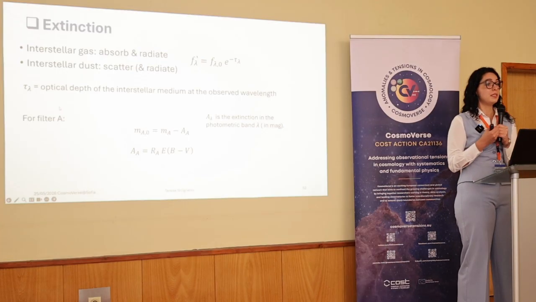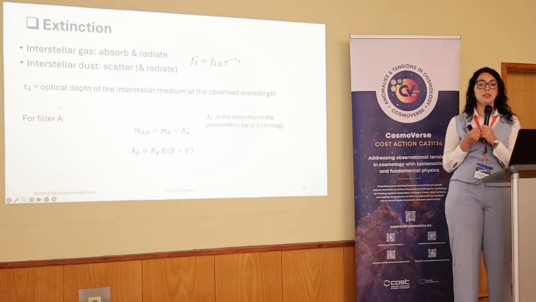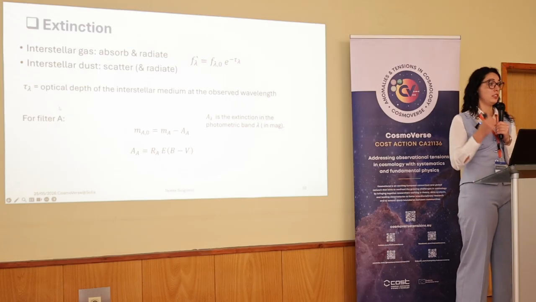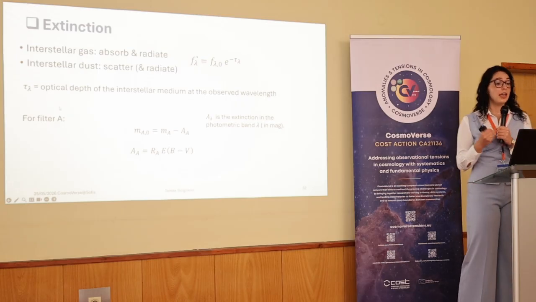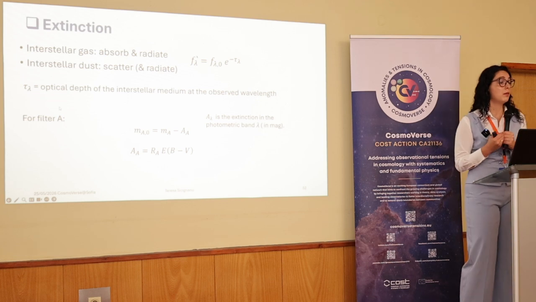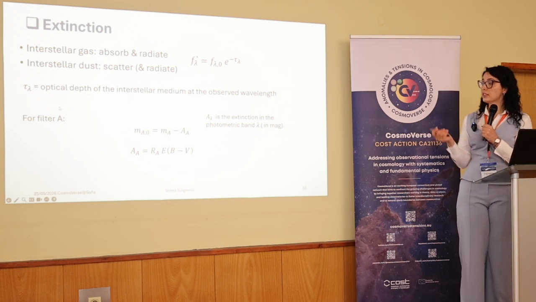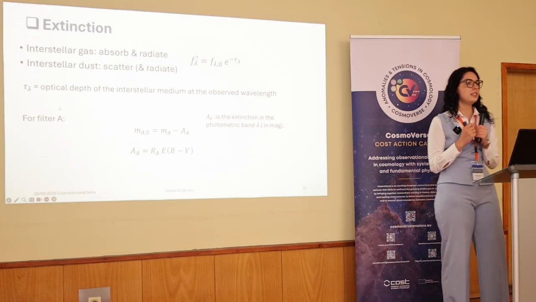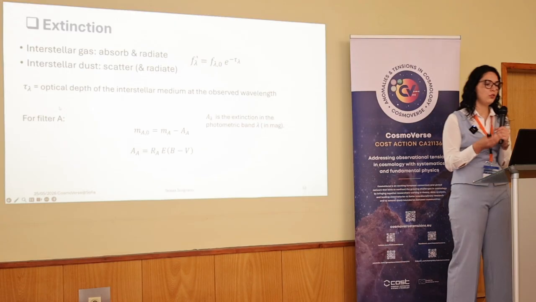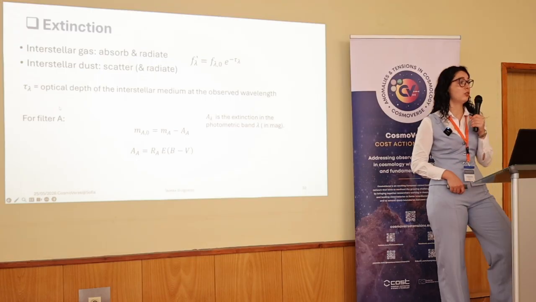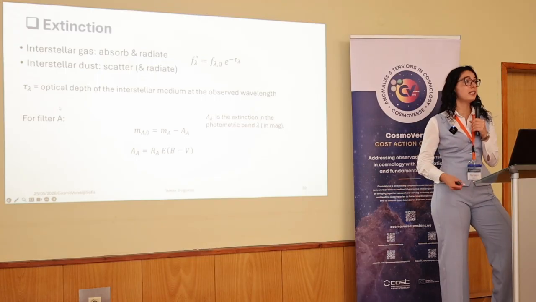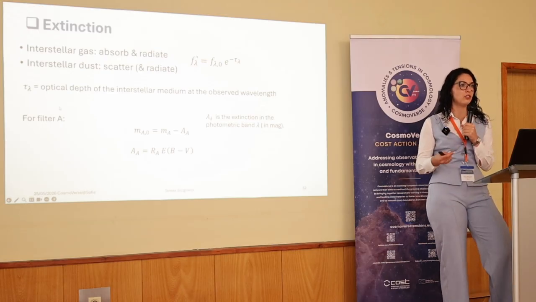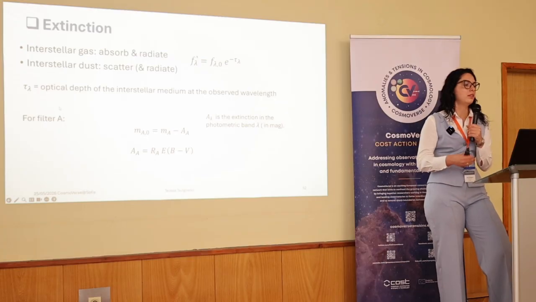This means that when we observe a magnitude at the telescope, we have to correct for the extinction, and the extinction changes in every photometric band. Moreover, the extinction follows this relation where R is the extinction law, and the extinction law is linked to the size of the dust grains in the direction in which we are observing.